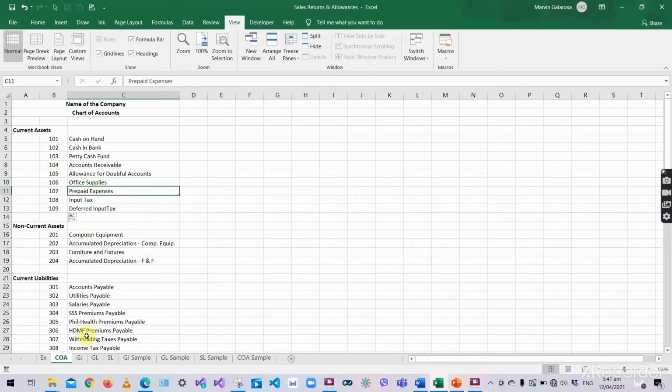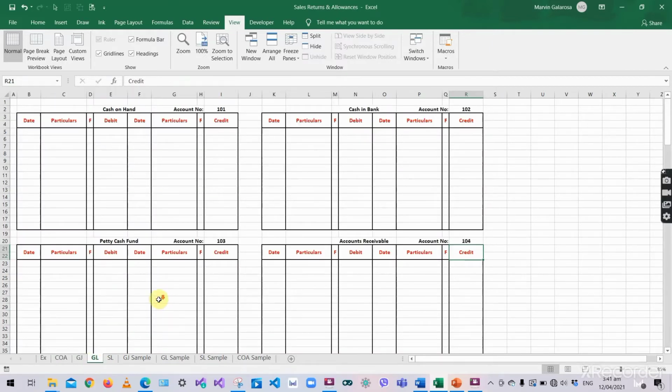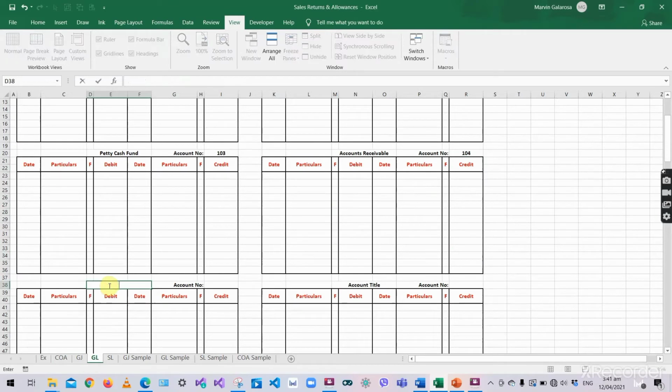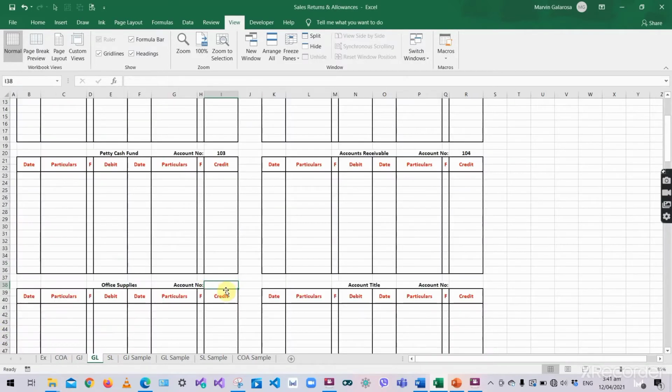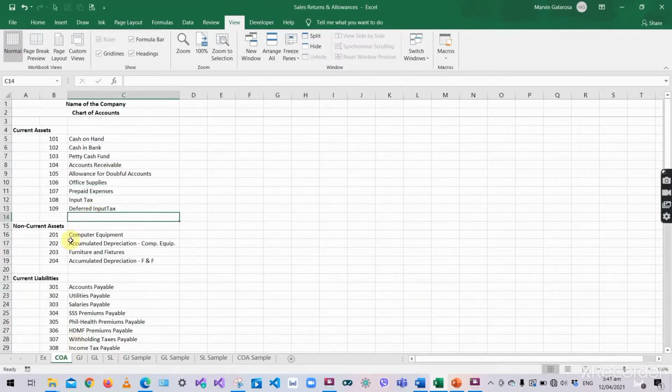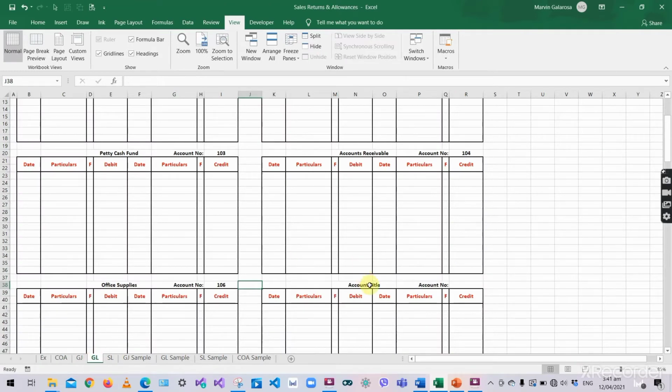Office supplies, gagamitin din natin yan. Account number 106. Non-current asset, computer equipment. Account number 201.